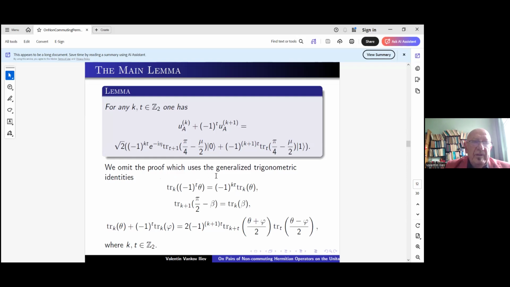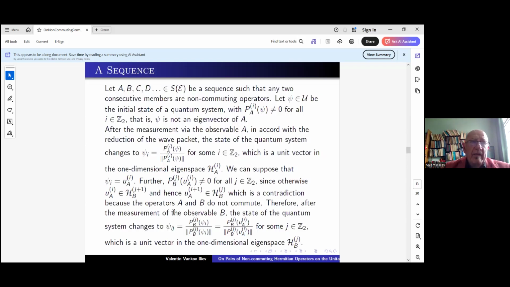We omit the proof, but we used the following generalized trigonometric identities, which are written here. So once again, any of those generalized trigonometric identities encodes some set of usual trigonometric identities.